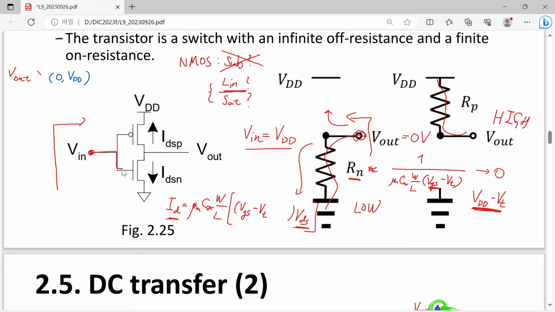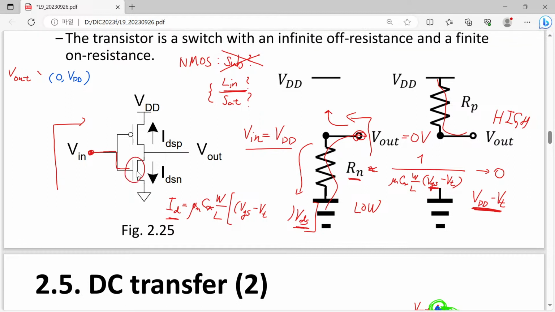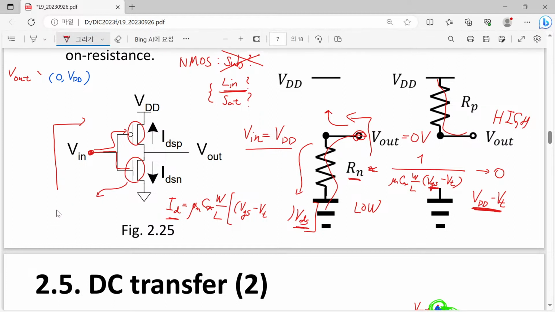Now we can go to this NMOS part, and what is seen in this case is just a capacitance. And from this PMOS part also we can see just a capacitance. Then what is the capacitance seen from this gate part? Of course, there will be a certain capacitance coming from oxide capacitance.